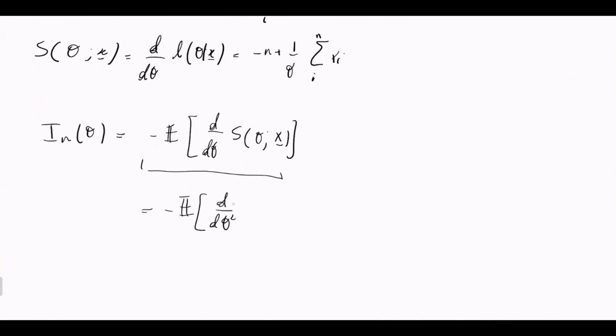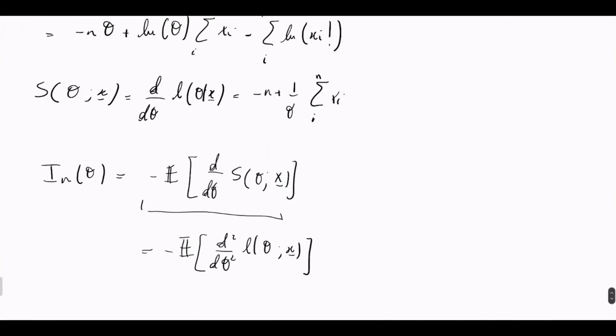Many times you see it formulated this way in textbooks. Same thing. Perfect. So once again, we take the derivative of that thing, and it is n over theta.